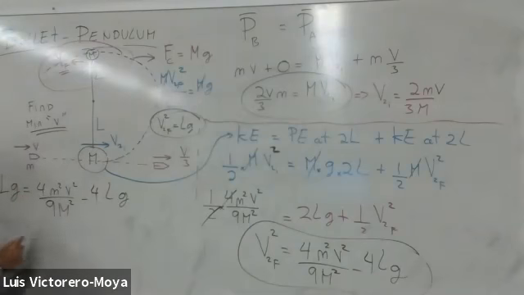All right, so the answer was very similar, right? So 5LG is equal to 4M squared V squared over 9M squared.